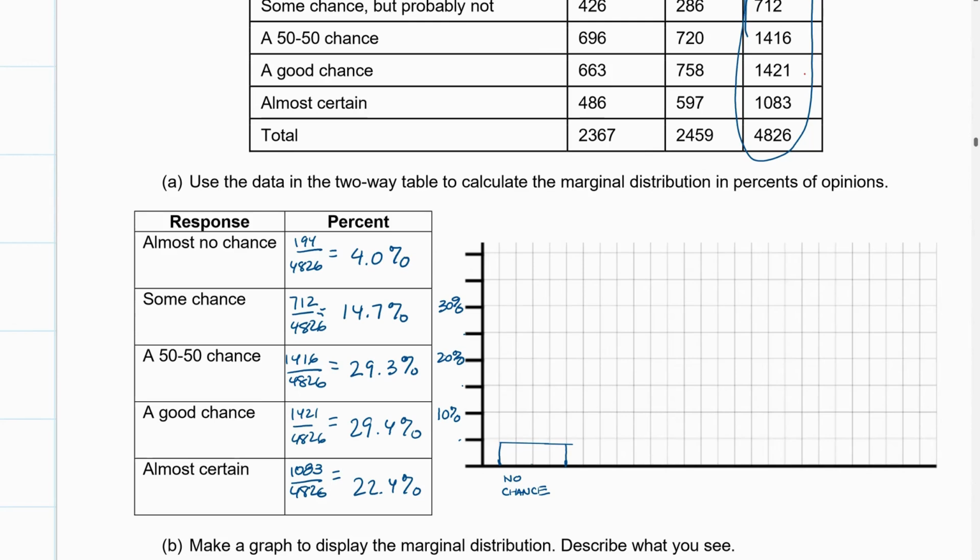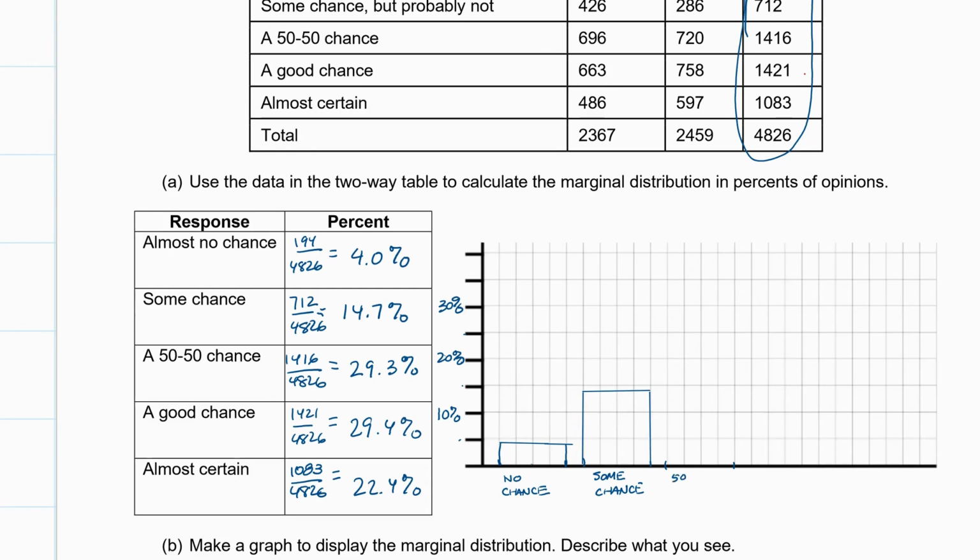All right. My next box represents some chance. And of course, we're making each of these bars the same width. That's about 14%. So I'll go up to about the 14% line. It's about there. All right. The next one, 3, 4.